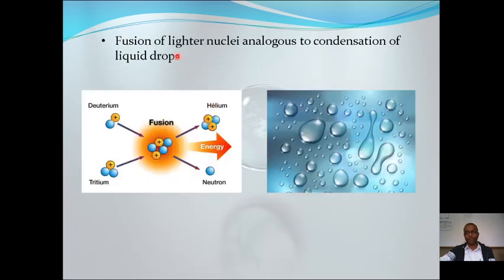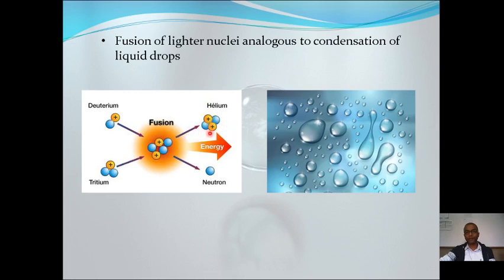Also, the process of fusion of lighter nuclei is analogous to condensation of liquid drops. Fusion, of course, is not that simple. We need very high energies. Deuterium and tritium will fuse together to form helium with the liberation of a large amount of energy. So basically, we are interested in the process of two lighter nuclei coming together to form a heavier nucleus.